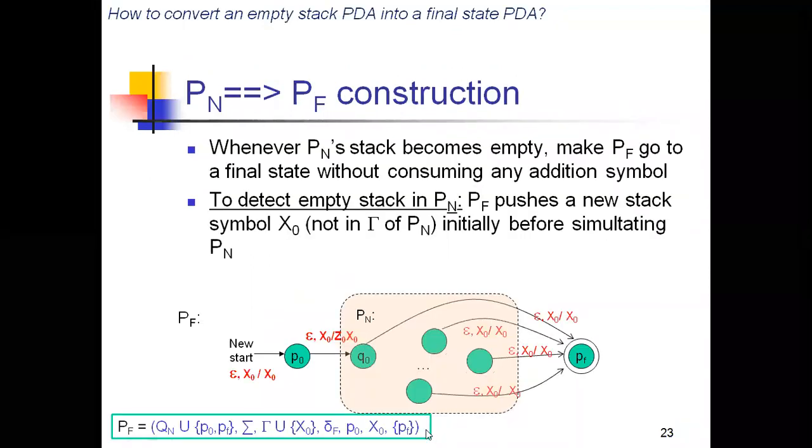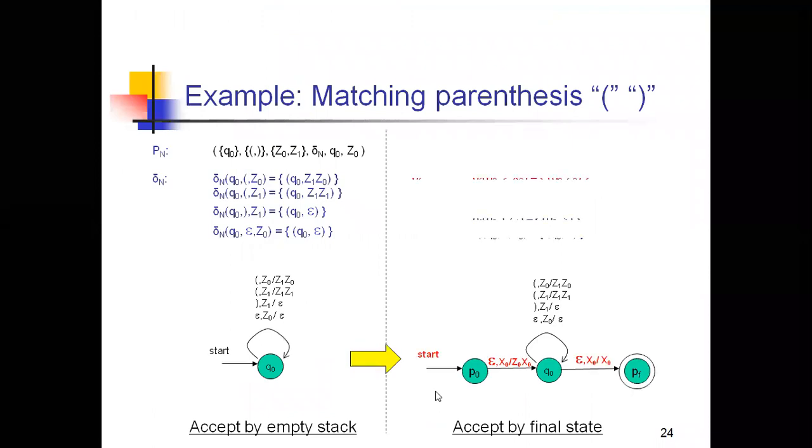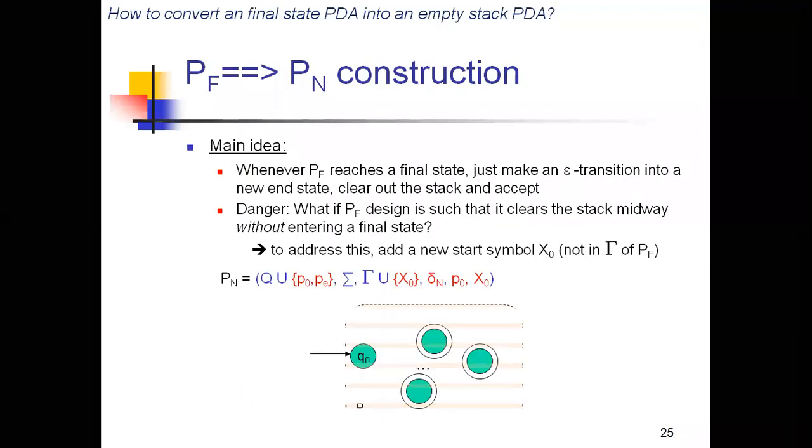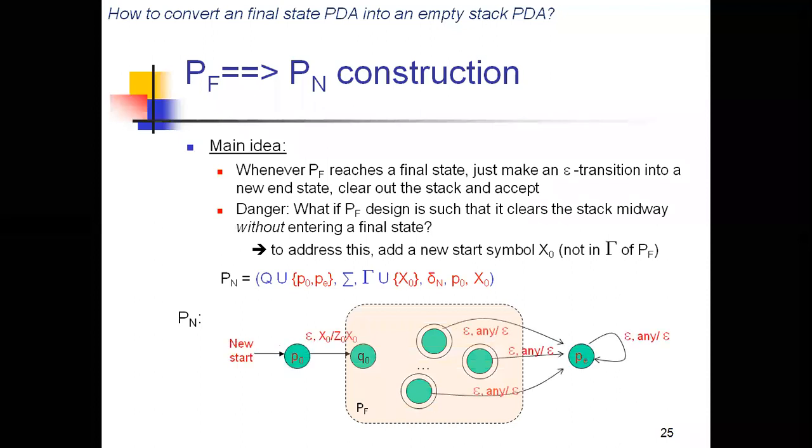See here, we have a transition from Q naught to the final state. Why? Because we're converting empty into final. But in the construction of final to empty, there is no transition path from Q naught to any other states, right?